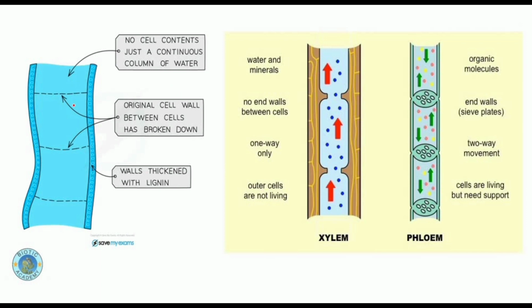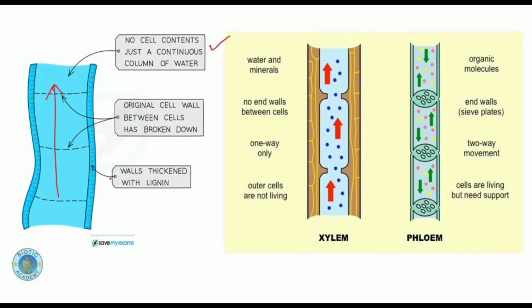During the process of lignification, when the plant cell becomes specialized to perform the job of a xylem vessel, it loses its cell content: no vacuole, no cytoplasm, nothing. All the cell content is removed, and the cross walls between the two plant cells are broken down so that it can become a continuous channel.